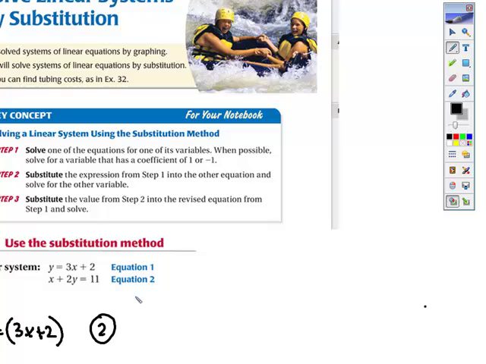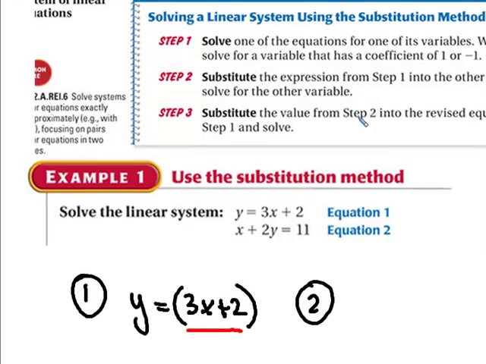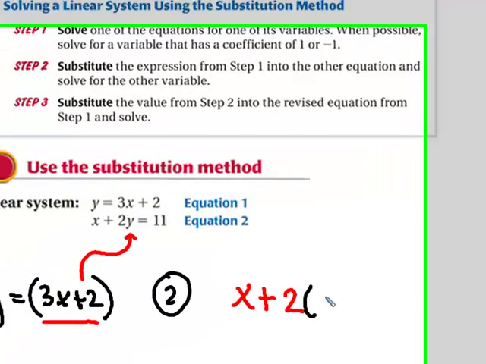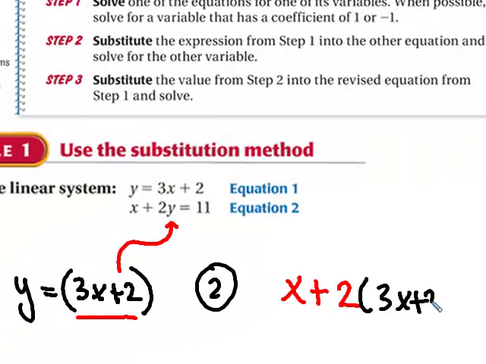Step 2, I'm going to substitute this expression into the other equation. So now I'm saying y is the expression 3x plus 2. So I'm going to put that right in here, and I have x plus 2, and then I'm substituting in my expression for the y, which is 3x plus 2.